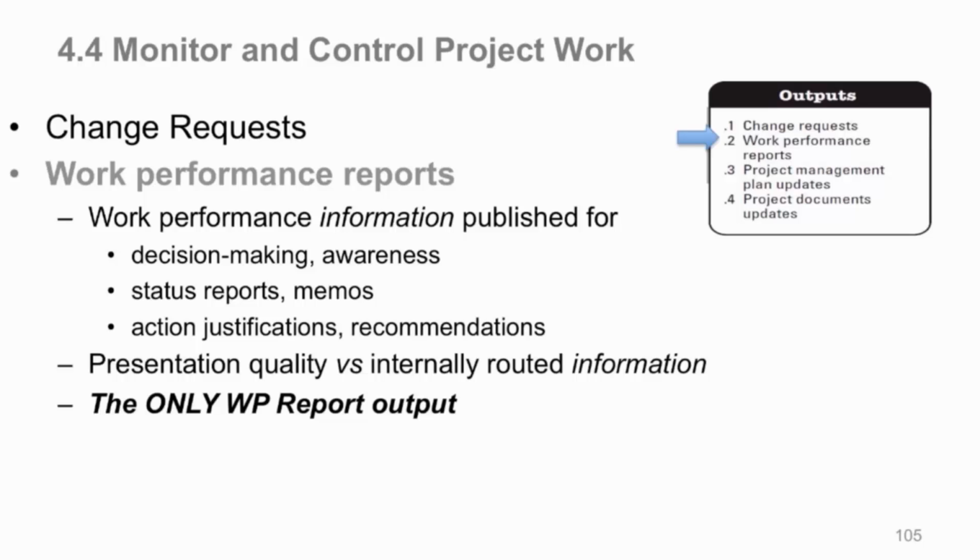It may be status reports, it could be memos at that level, it could be action justification. Why did we do something? We issue a report for that. Recommendations, whatever we need. It's presentation quality basically versus internally routed information. Okay, and again, the only work performance report output is from this process right here.